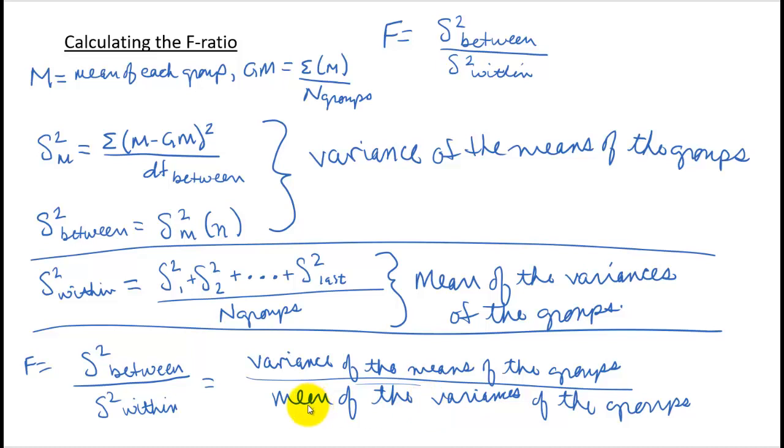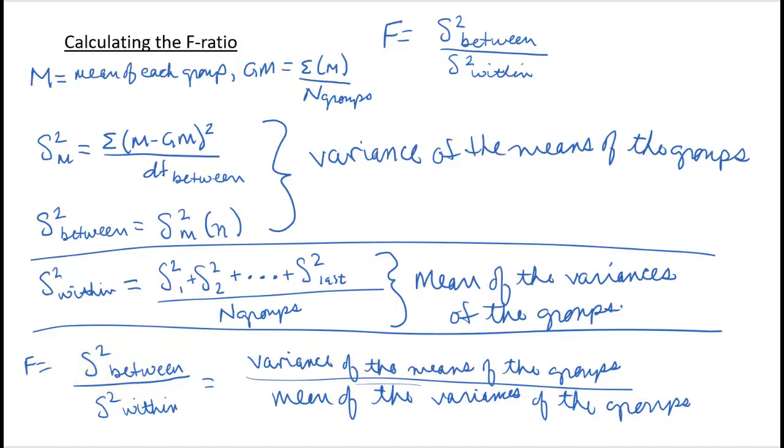And then we divide it by the mean of the variances of the groups. I promise I'm not trying to trick you. The mean of the variances. Remember, we took the variances, then we found the average of the variances. And that is the mean of the variances of the group. So on average, what is the variance of each of the groups? Once we have that, again, we can calculate our F ratio.